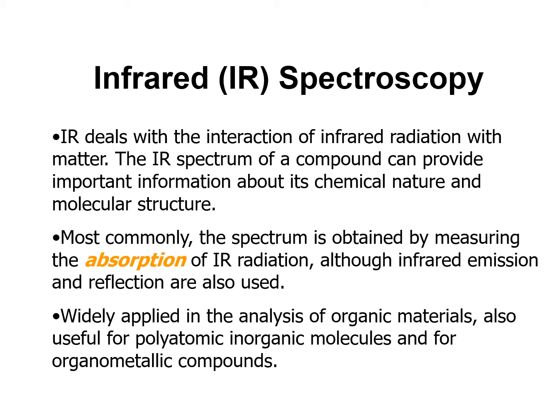Generally, the most common thing is that you measure the absorption of IR radiation. There is reflection and emission technology. Those are a little bit more advanced, a little bit more specific, but the standard absorption technology is what most benchtop IR machines use. This is very widely applied in organic as well as inorganic molecules, especially organic compounds and organometallic compounds.